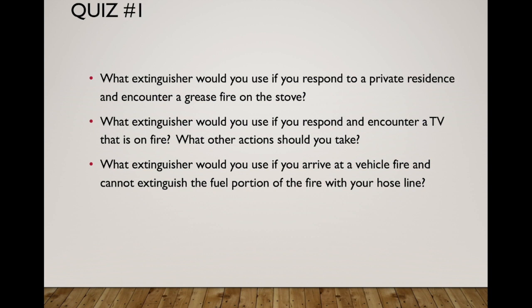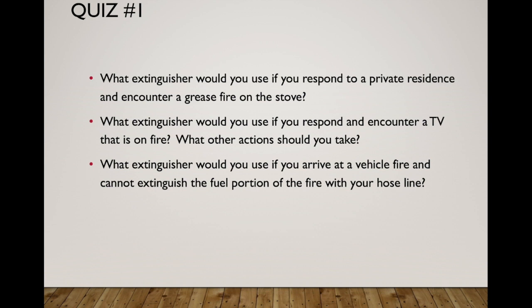Hopefully homeowners have their own ABC dry chemical extinguishers, but for us responding on the fire department, we would choose to use the Class B dry chemical extinguisher and possibly even the Class C carbon dioxide extinguisher. We would also want to try and use the fire triangle or tetrahedron to our advantage prior to discharging the extinguisher.